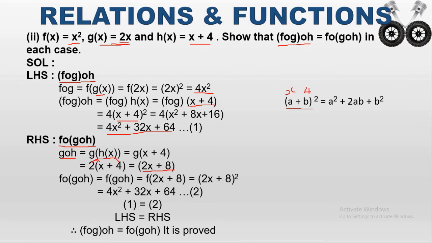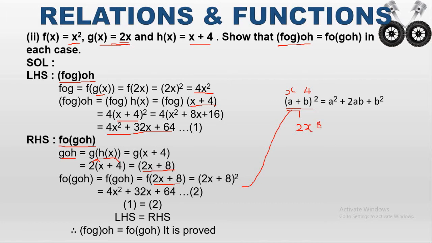So f of (2x plus 8). In f of x, wherever x is, you have to substitute 2x plus 8. So (2x plus 8) whole squared. Again it is like the formula (a plus b) whole squared, a squared plus 2ab plus b squared. Here a is 2x and b is 8.